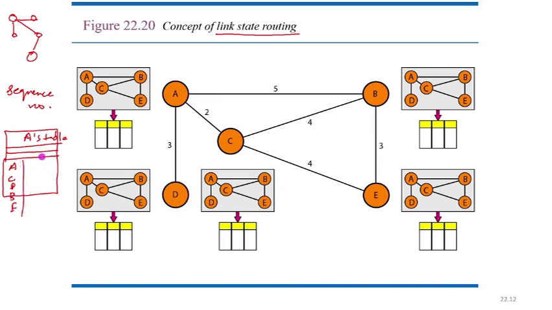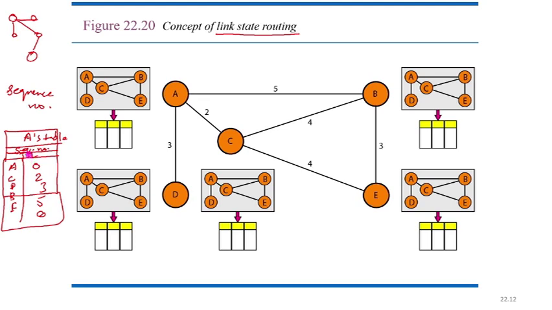With respect to that, what are the cost values? For A it will be 0, for C it will be 2, for D it will be 3, for B it is 5, and for E initially it will be infinite. Along with that, there is a sequence number, and also there is information that is TTL, that is time to live.